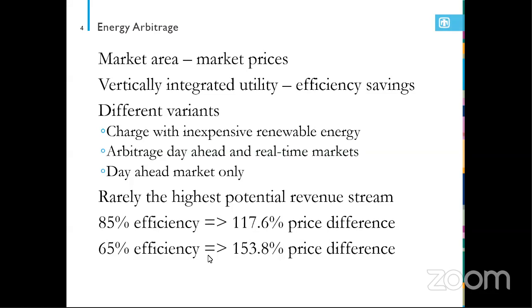For most of the work we've done, if you're a vertically integrated utility, the efficiency savings from arbitrage usually only amount to a couple % of your total operating cost. And then in market areas, you can make money with arbitrage, but it's rarely the highest revenue stream, especially compared to frequency regulation.